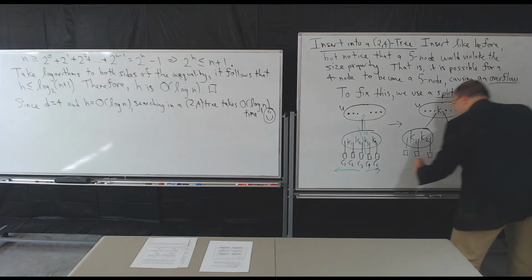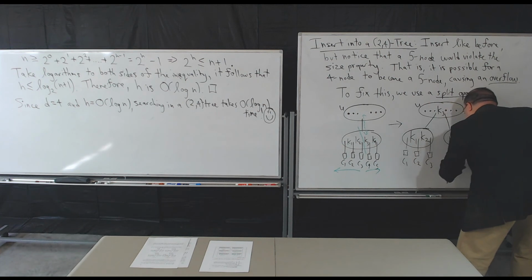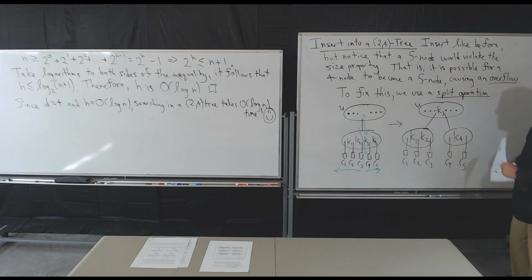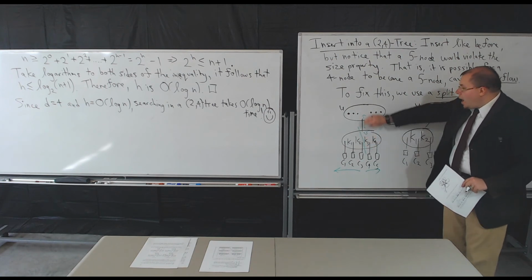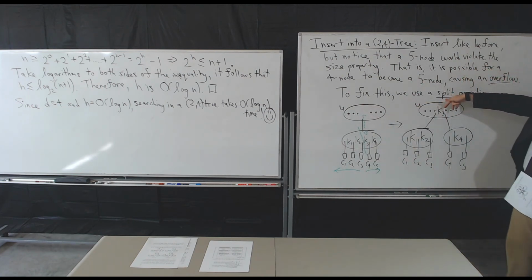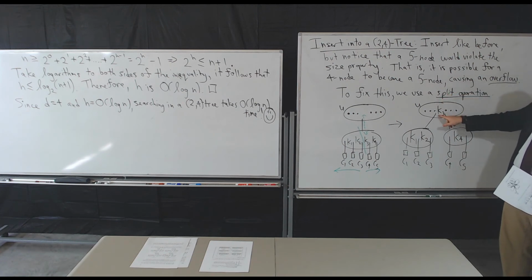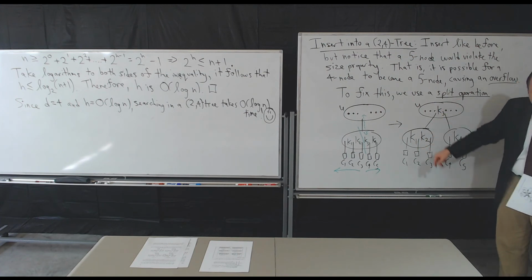Let me label these. This would be C1, that's C2, this is C3, this is C4, and this is C5. Does everybody see that? I've moved K3 up here, and then I split it into 2, and now those become the left and the right of K3. Whatever the record is here, this would become the technical child in that location. This would be the one just before it.